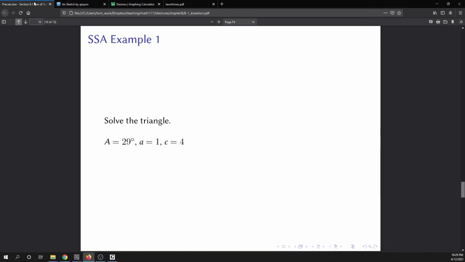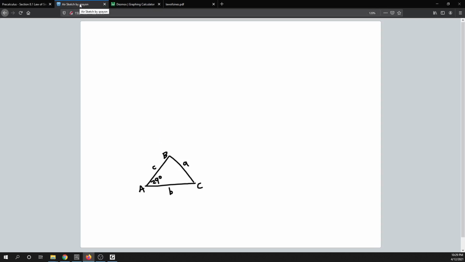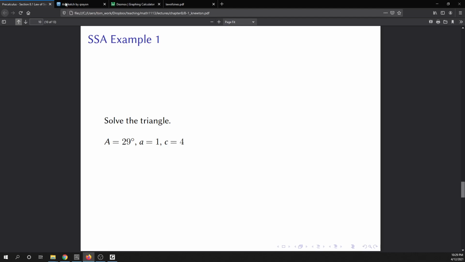We are given that a equals 1 and c equals 4.